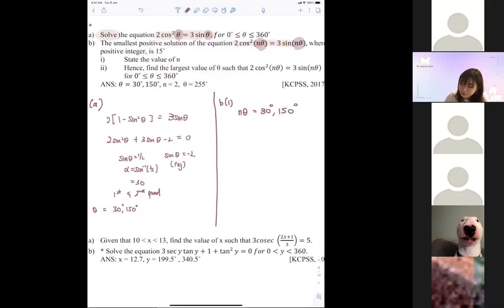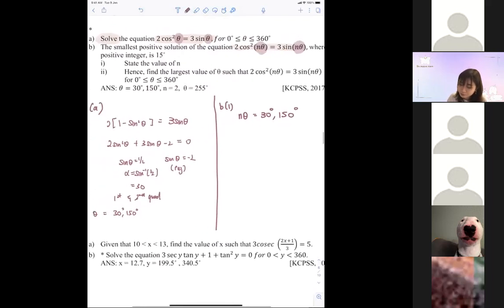So they say that when it's n theta, the smaller solution is 15. So solution means every time when they use solution, it means the value of the unknown. In this case, it is theta.